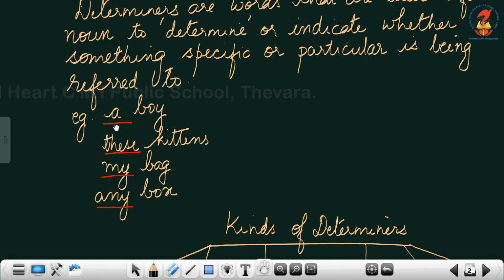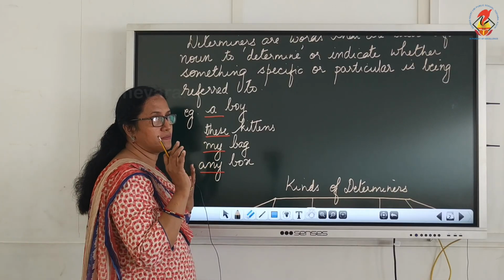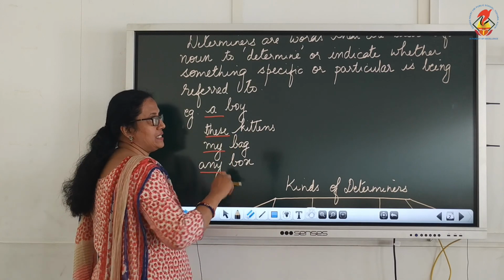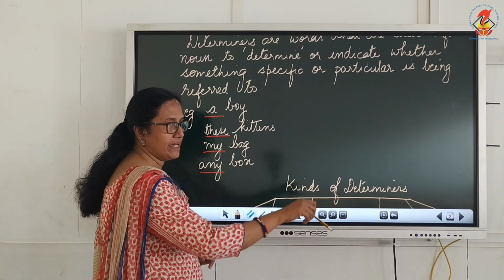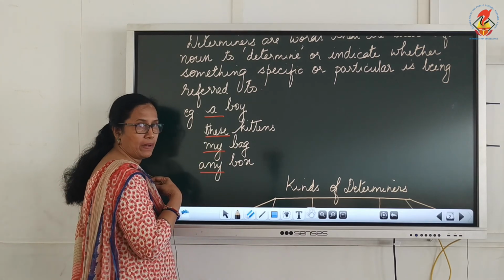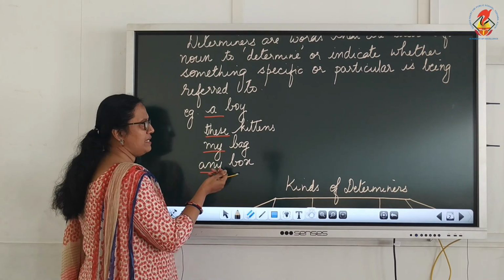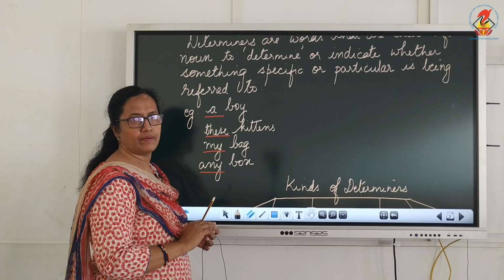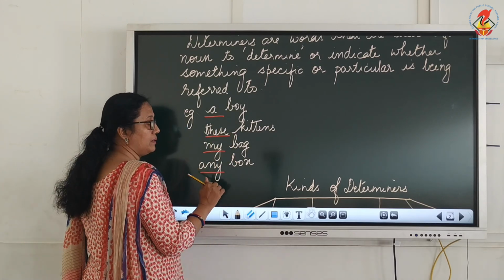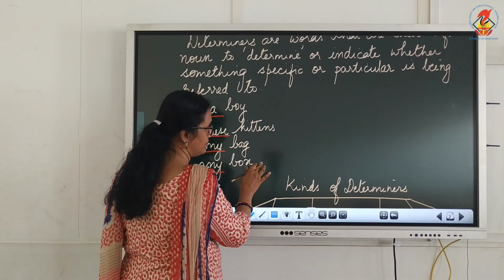So here, a boy, just one boy. These kittens, here they are indicating who we are talking about. My bag. Then any box, you can pick up from there. So that is how you come to know what determiners are.